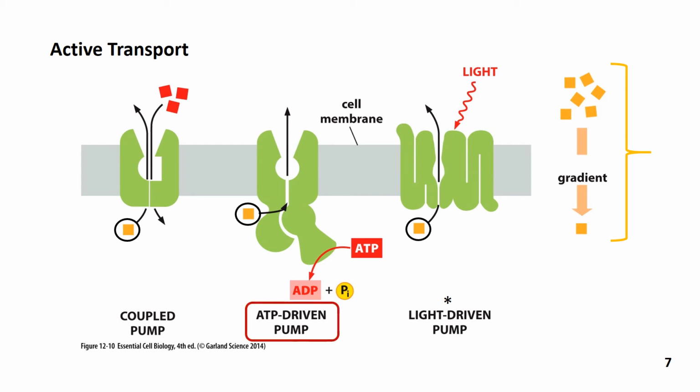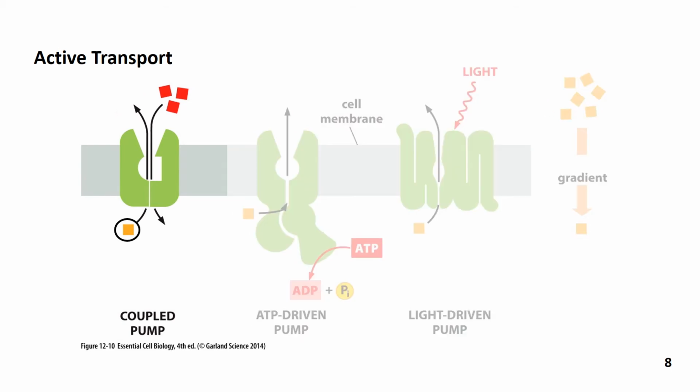The previous video focused upon ATP-driven movement as a form of primary active transport, and this indeed is a very common mechanism by which molecules are moved against their concentration gradients in animal cells.